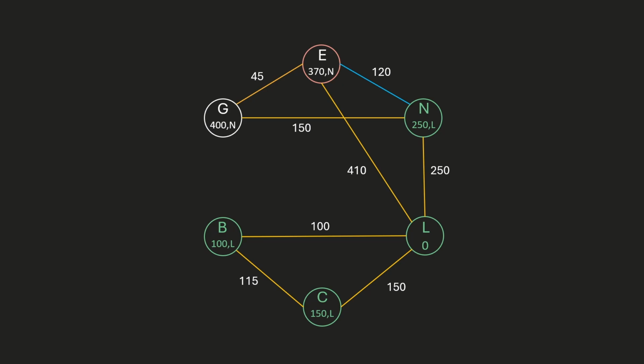And 490 is much greater than Newcastle's current cost, which is 250. So there's no point updating Newcastle's total cost. If you try visiting Glasgow through Edinburgh, the total cost will be 415, which is greater than Glasgow's current cost, which is 400. So we won't update it either.